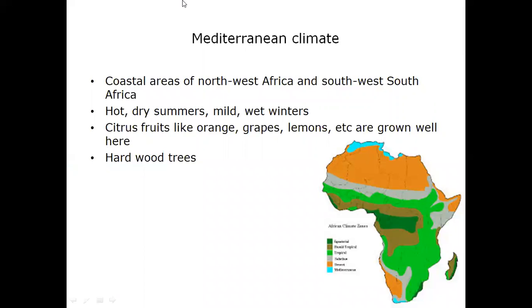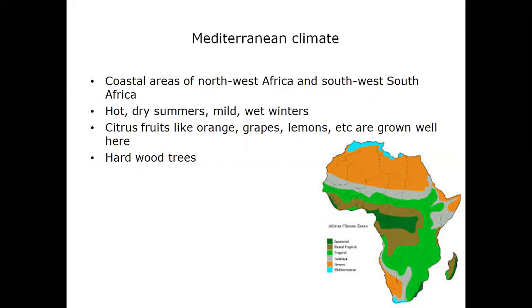Now let's look at the Mediterranean climate. Students, if you look at this map here, these blue tips in the north and this small tip right here down in the south is where the Mediterranean type of climate is found. So it's the coastal areas of Northwest Africa and Southwest South Africa.